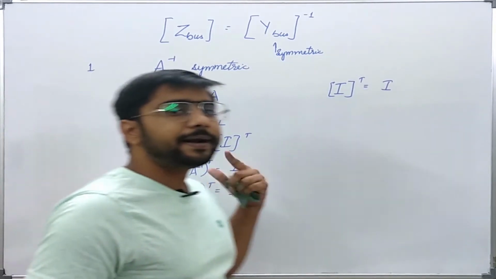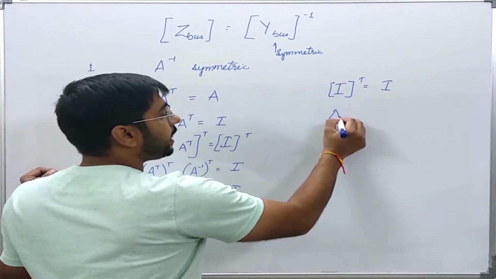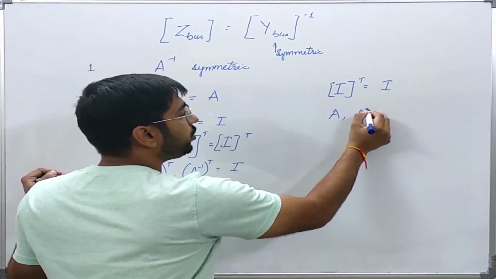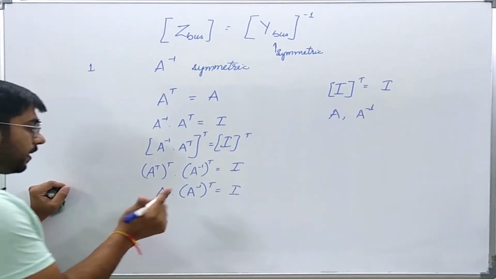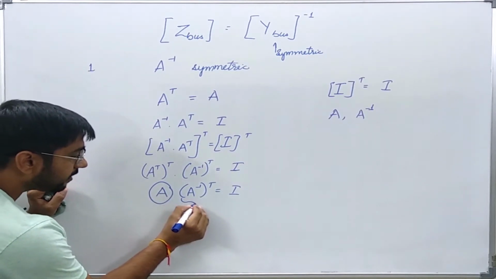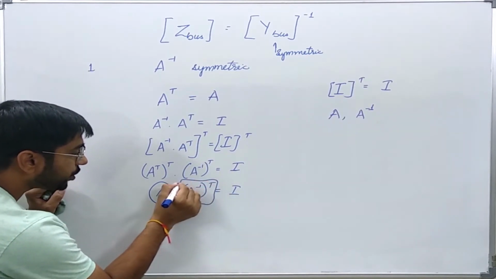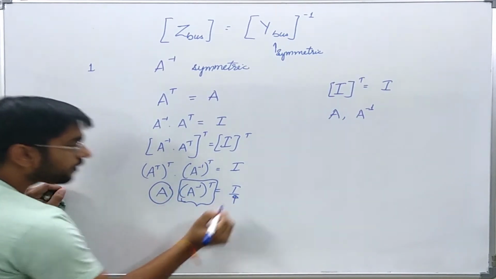Now from matrix algebra, we know that for a given matrix A, its inverse is unique. So if this is a given matrix A, then this matrix should be its inverse, so that I can get the unity matrix.